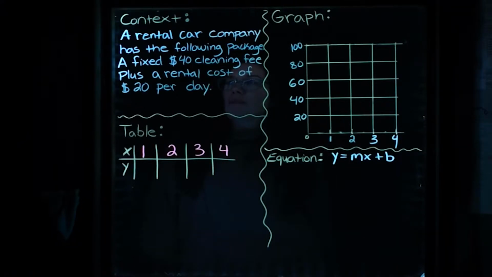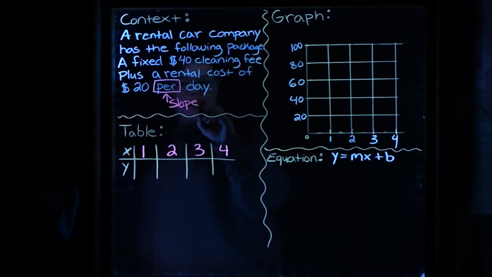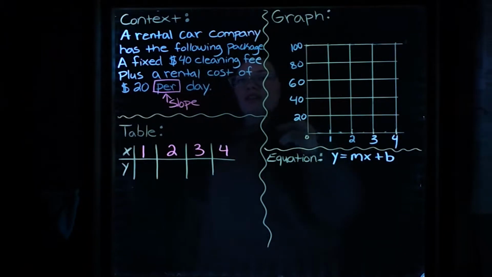A rental car company has the following package: a fixed $40 cleaning fee plus a rental cost of $20 per day. Okay, let's go ahead and annotate this. First of all, the word "per" tells me my unit rate, or my slope. So I know that's what's changing.